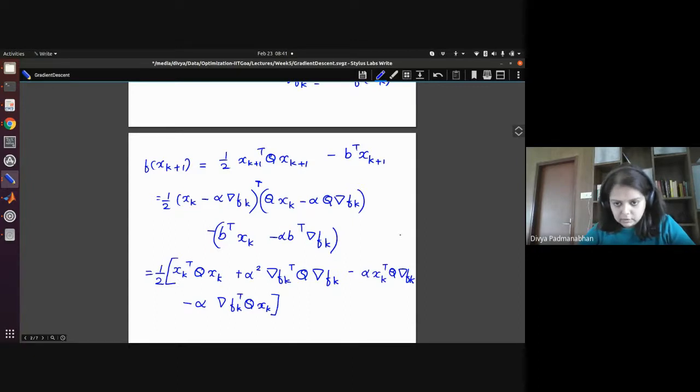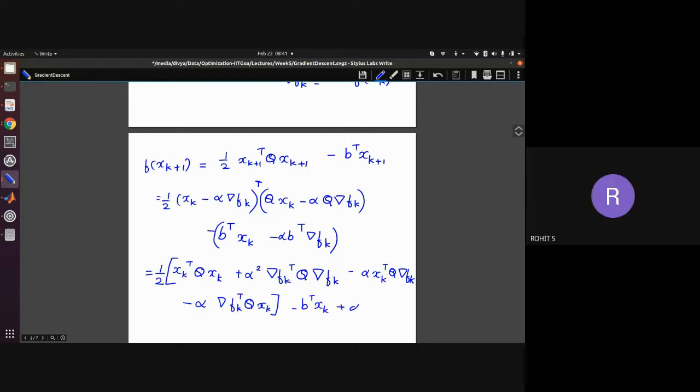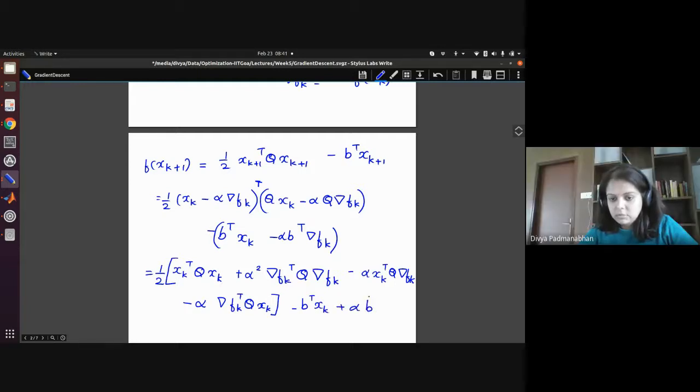That is the first quadratic term. Then this part is just minus b transpose x_k plus alpha b transpose grad f_k.